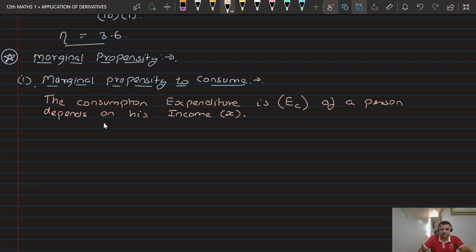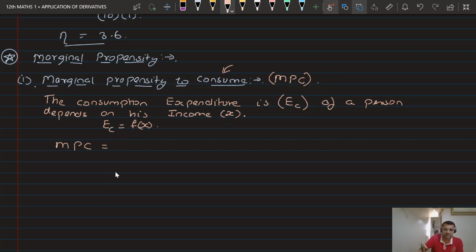So I can say that expenditure is a function of X. When I say f of X, it means that expenditure is a function of X. We over here are interested in finding the marginal propensity to consume. In short, it is written as MPC. So in that case, I can say that MPC, when we talk about the marginal word, it is always going to represent the derivative.